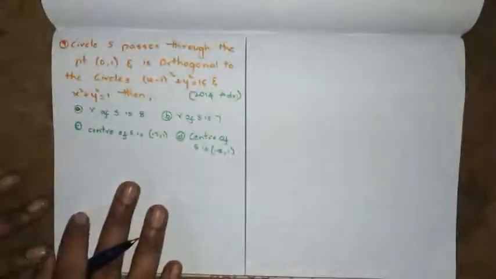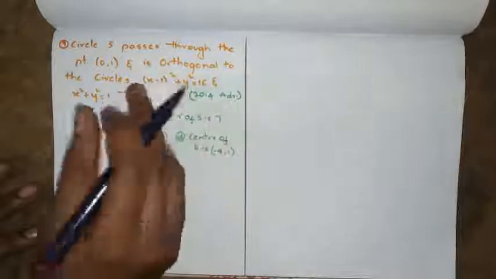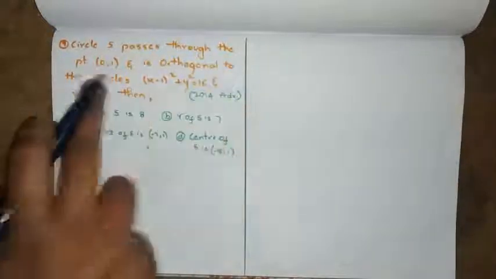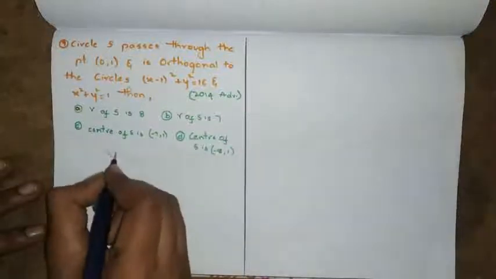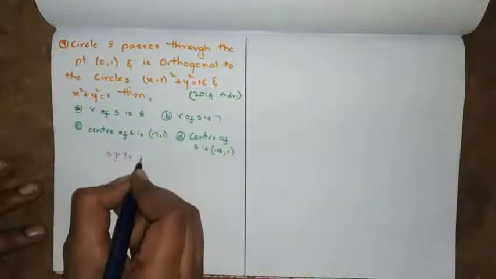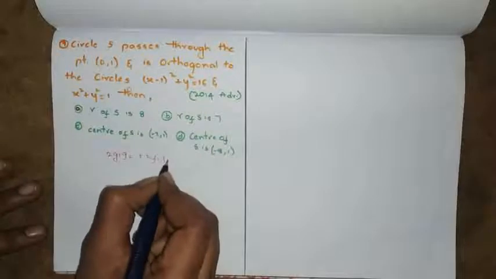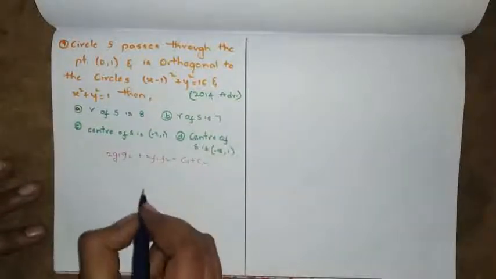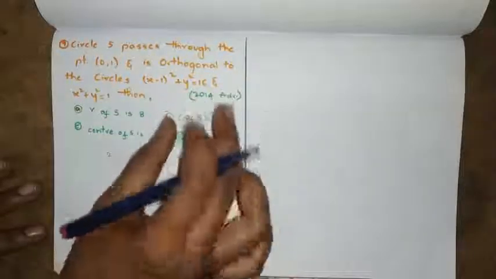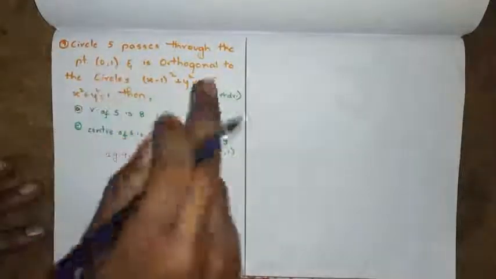A little challenge for you. Circle S passes through the point and is orthogonal to these two circles. Orthogonal condition: 2g1g2 plus 2f1f2 is equal to c1 plus c2. But here it is given that the circle is orthogonal to this circle and this circle.